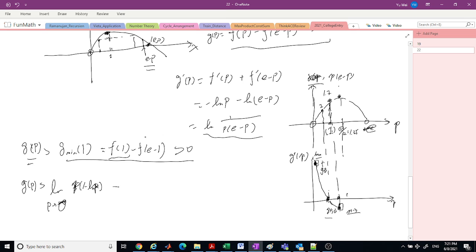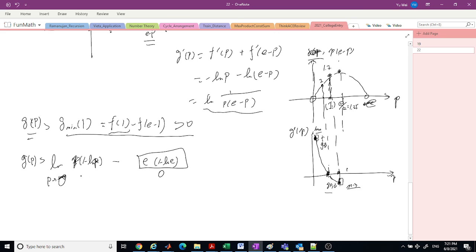Then e minus p approaches e, so this one approaches e. So this part is 0, right? And now is this part, right?